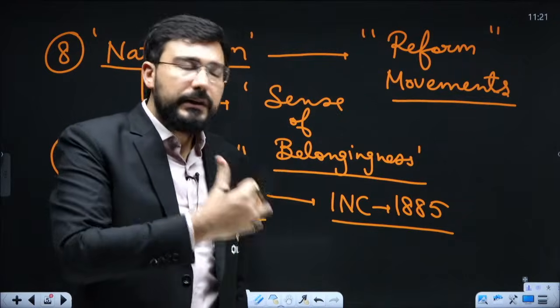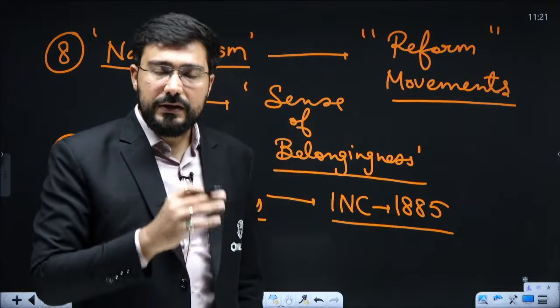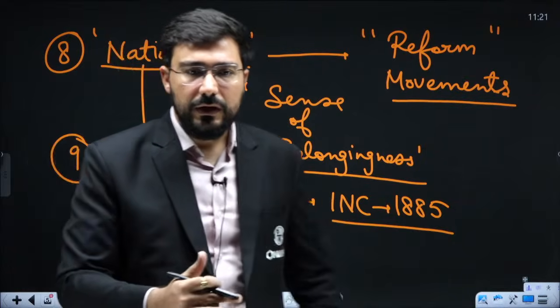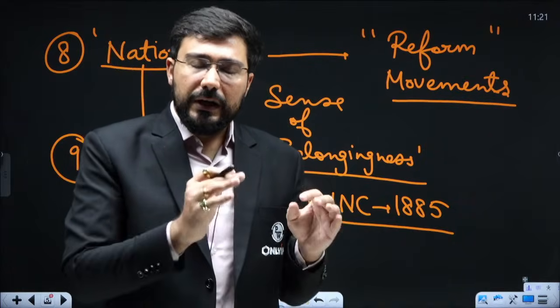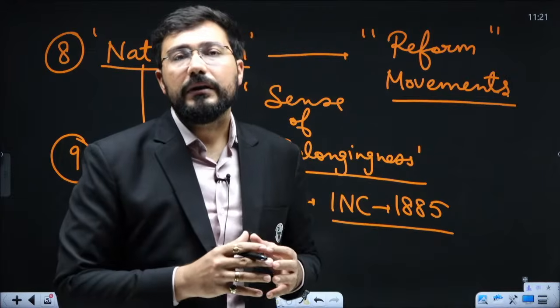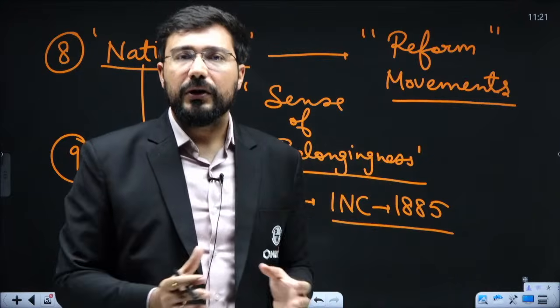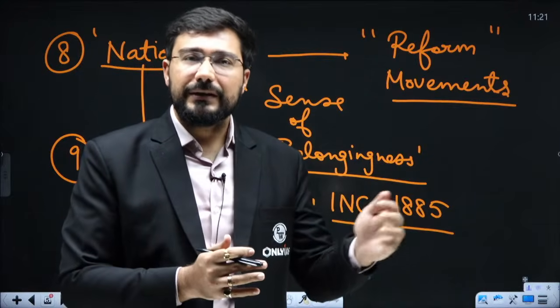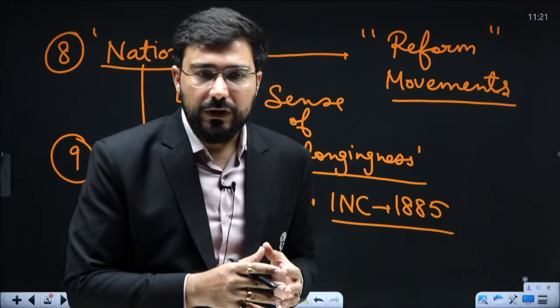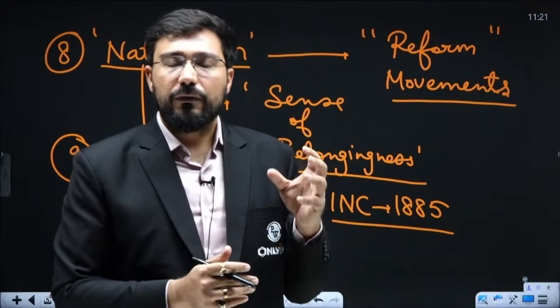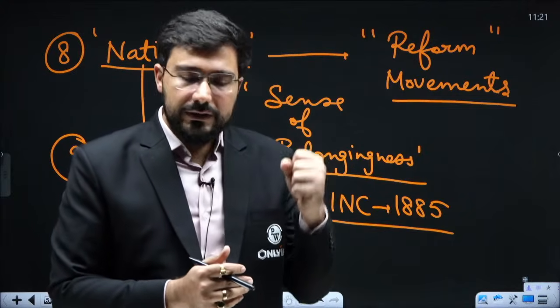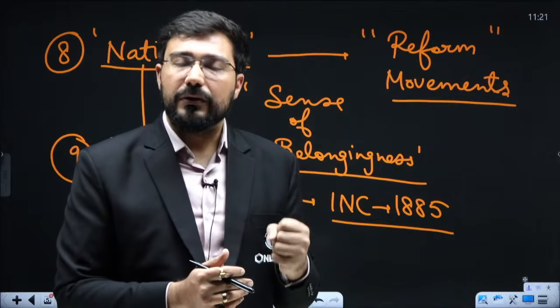This is how we see the next stage. Starting from 1885, it was about the rise of the people in a very united fashion, and they started doing politics at least on a part-time basis. A nationalist is someone who works to protect the interest of the country.